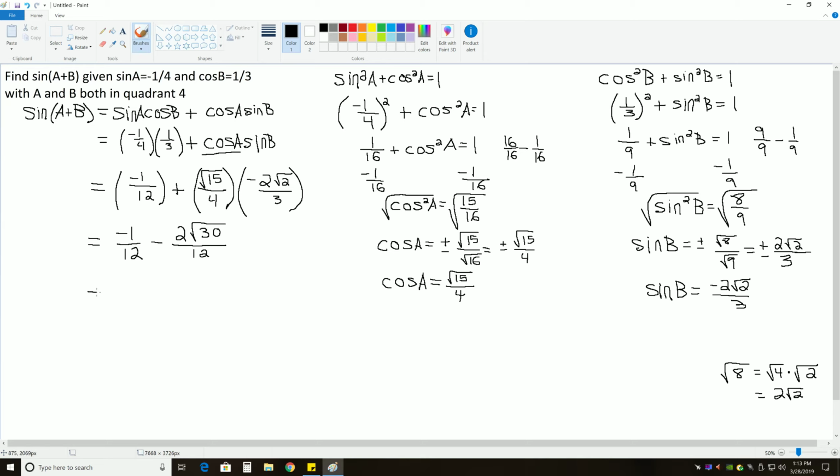And now for our last step, we want to combine this into one fraction. Since we have a common denominator, we can do so, leaving us with negative 1 minus 2 root 30 all over 12. And that is the value of sine of A plus B.